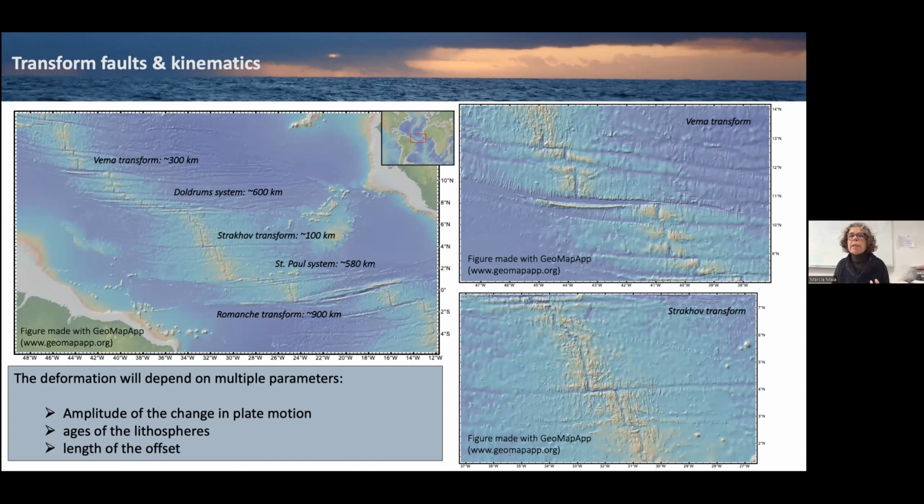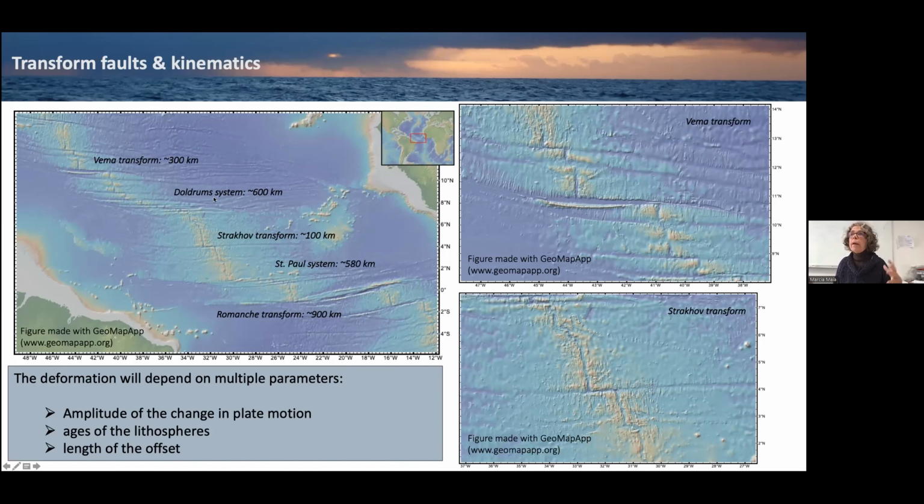Here is an example from the Atlantic, where you can see different transforms from the Vema transform to the Romanche transform with very different lengths of offsets. So it's the same spreading rate. Now you have the Vema, which is 300, Strakhov 100, and Doldrums and St. Paul, which are roughly the same, about 600, and a very large Romanche here.